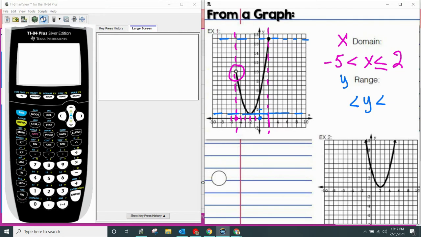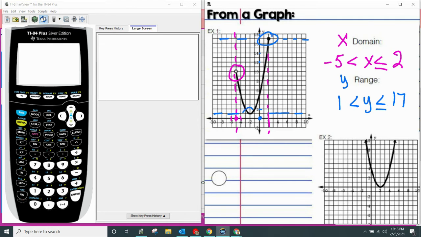So it is going from 1 all the way up here to the tip top, which looks to me like it's hitting at, this is 12, 14, 16, and this is 18, so right in between it must be 17. Now again, I'm going to look down at the bottom of my graph and at the top up here. And I want to say, okay, up here I have a closed circle at the 17, so I need a line under it.